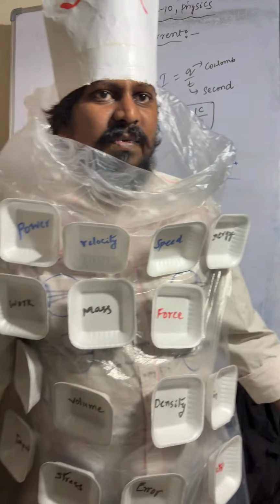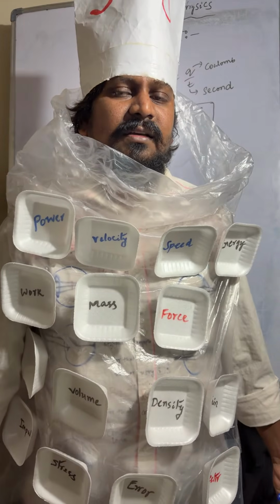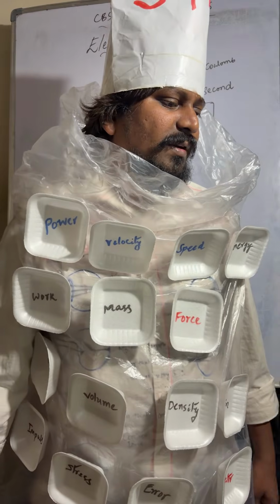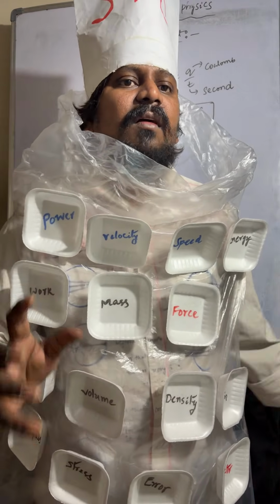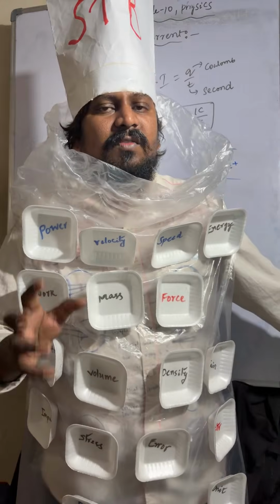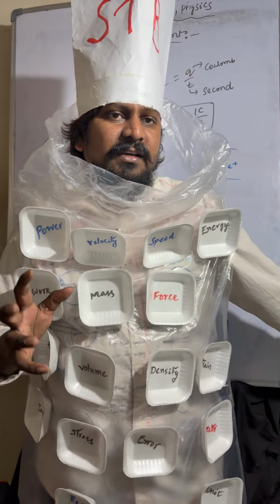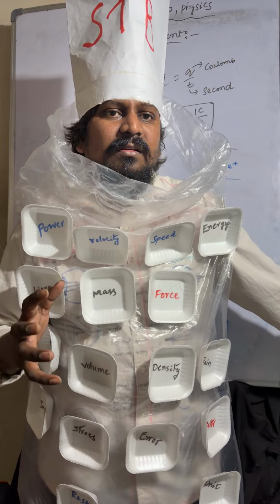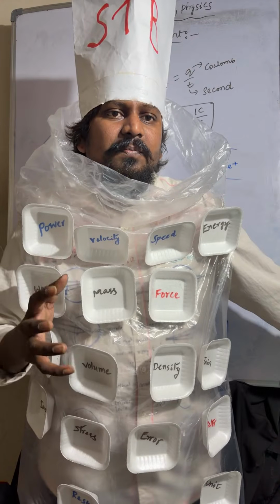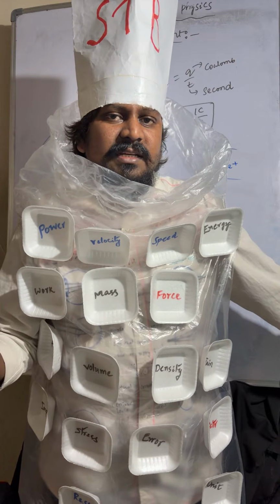So we know that on 1 electron, 1.6 into 10 power minus 19 coulomb of charge is present.